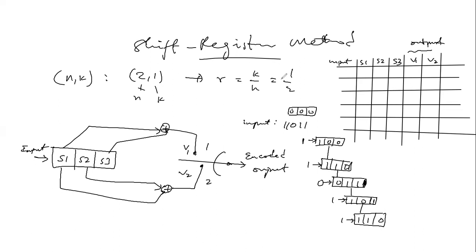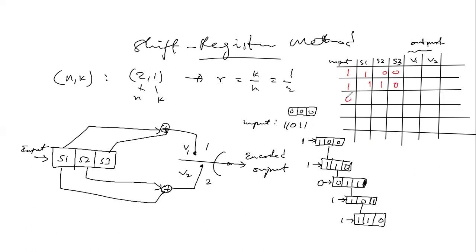Good. Now, when we feed in 1, shift register 1 takes in 1, and then we have 0, 0, so 1, 0, 0. Then when we feed in the next one, we have 1, 1, 0.